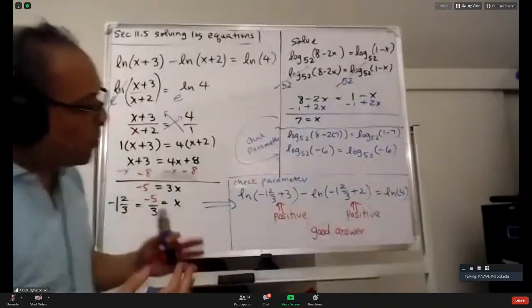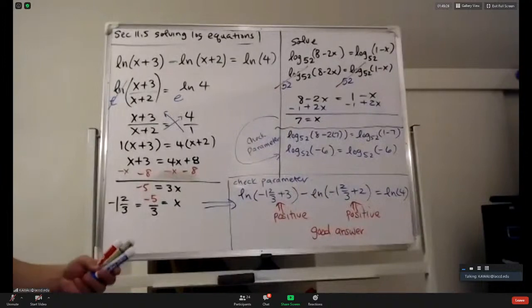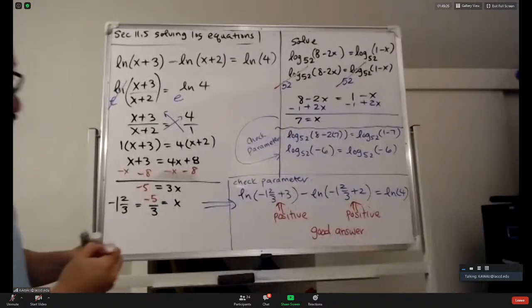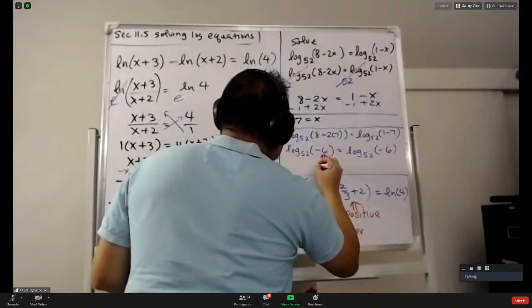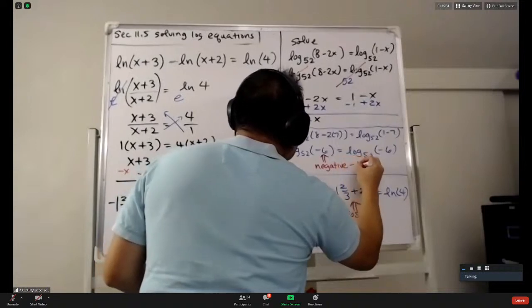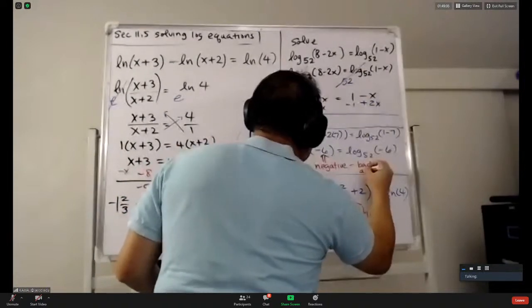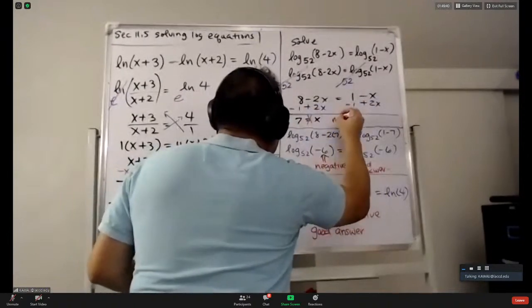Now, it does not matter that the left side and the right side are the same. You can't have a negative log, so this is a bad answer. So this is no solution.